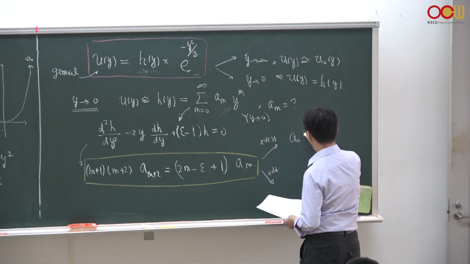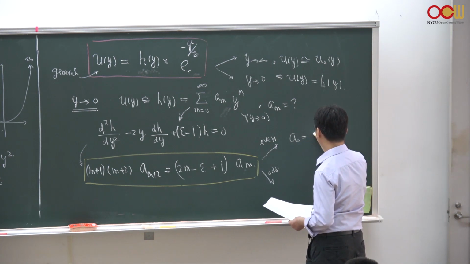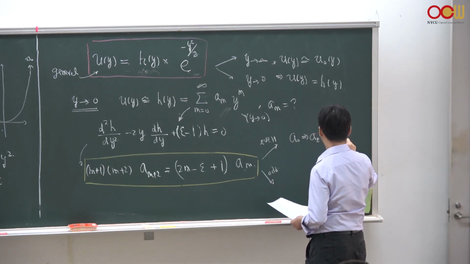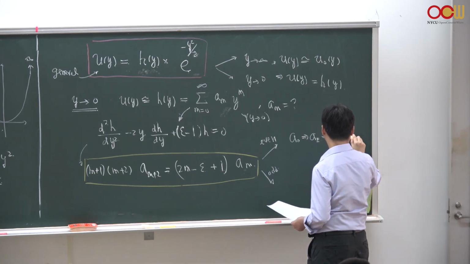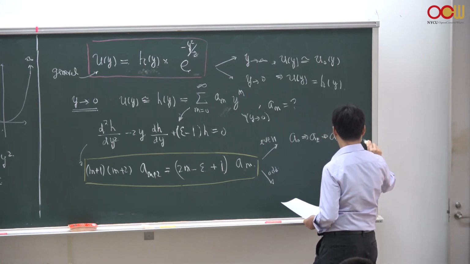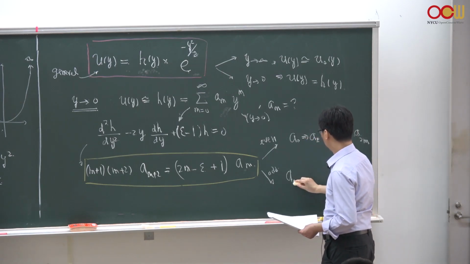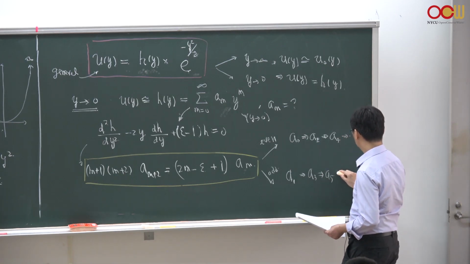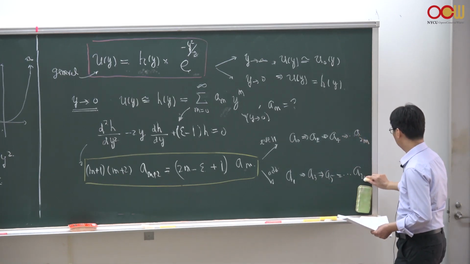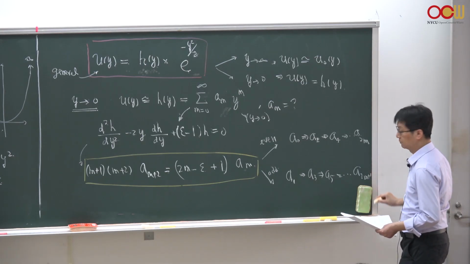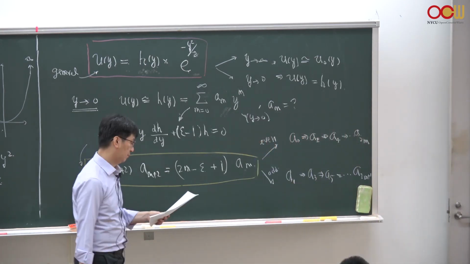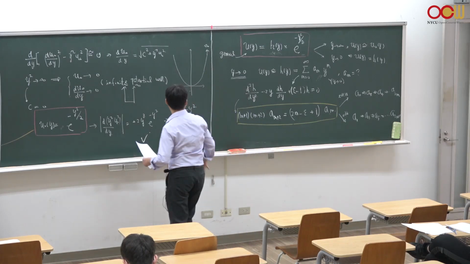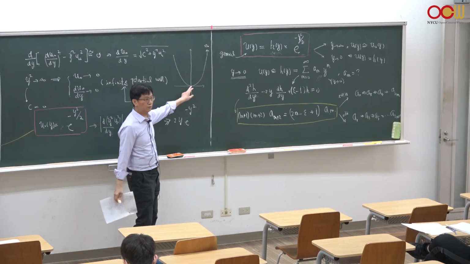For even, you start from a_0 and you get a_2 and a_4 and so on up to a_{2m}. For odd, you start from a_1 and you get a_3, a_5 up to a_{2m+1}. This even-odd parity symmetry reflects the symmetry that we can see from this potential.